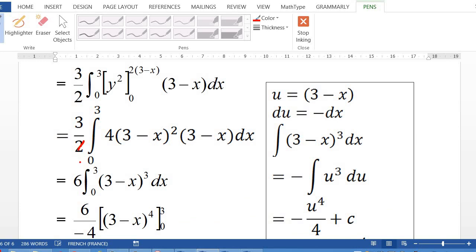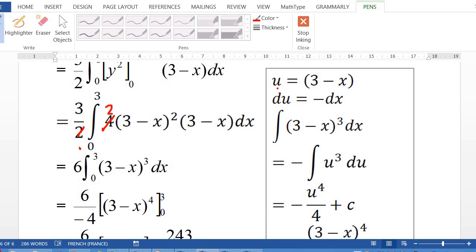So the 2 and this 4 cancel, and 3 times 2 gives 6. This is 3 minus x squared times 3 minus x to the power 1, total 3 minus x to the power 3. To evaluate this, you may use a scientific calculator or a substitution technique.